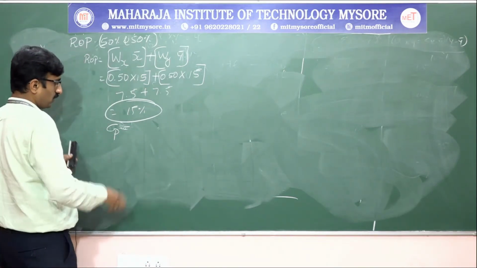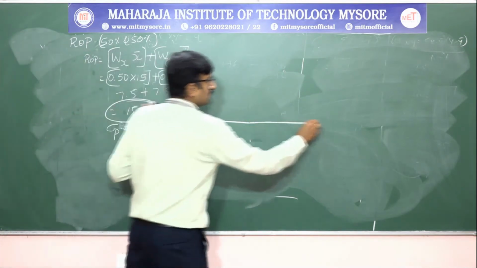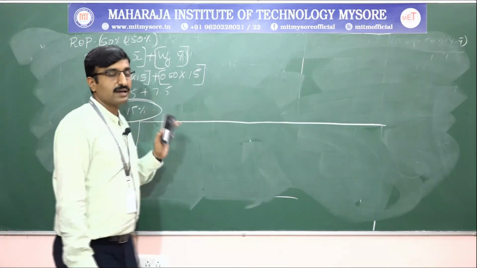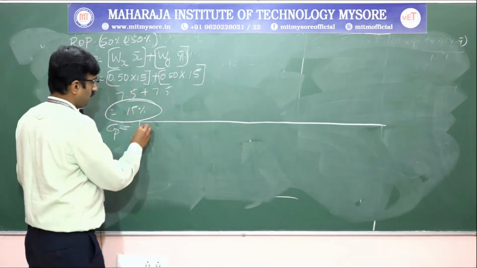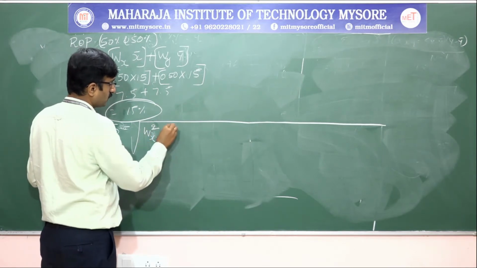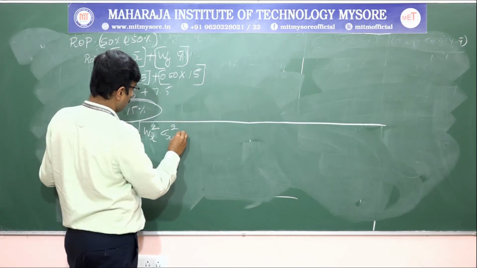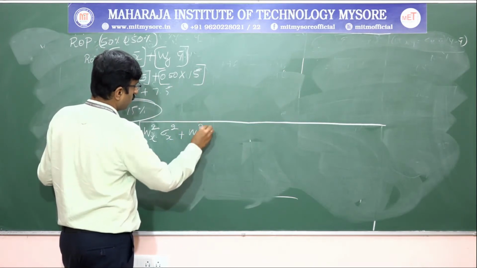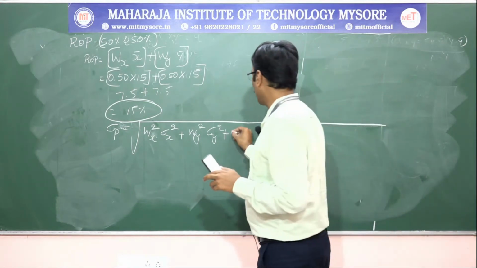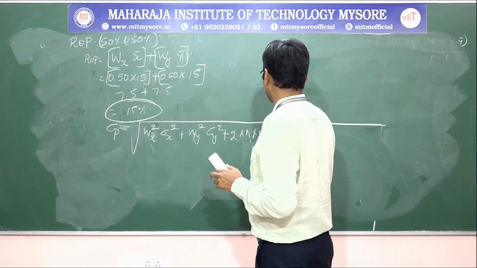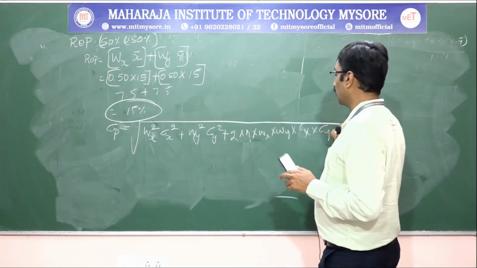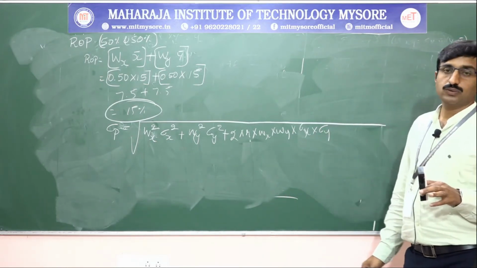Risk on portfolio is equal to, apply the formula of standard deviation P: weight of X square into standard deviation of X square, plus weight of Y square into standard deviation of Y square, plus 2 into R into weight of X into weight of Y into standard deviation of X into standard deviation of Y. This is the formula we are going to apply.